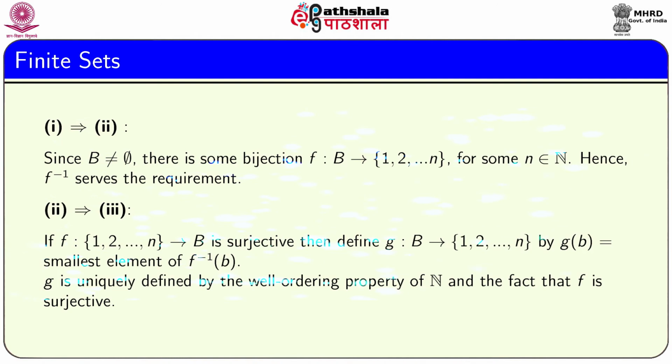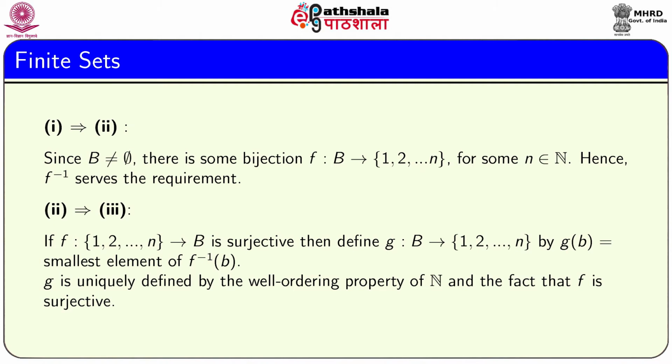Now, if we take 2 as our hypothesis and try to prove 3, then F is a function from {1, ..., N} to the set B, and we know that F is surjective. We define the map G from B to {1, ..., N} by G(b) equal to the smallest element of F inverse of b, where F inverse of b stands for the collection of all members which are mapped to the point b.